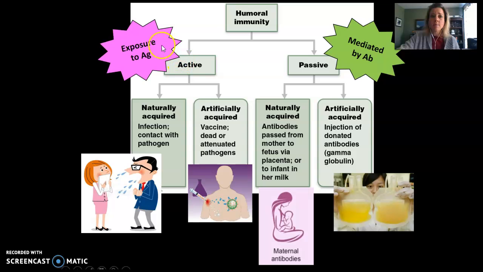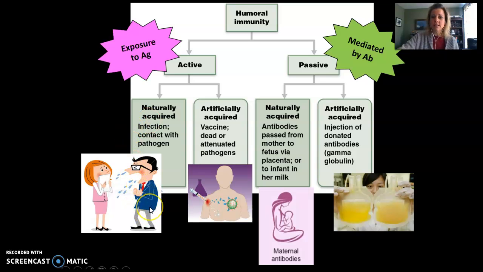If we are talking about active immunity, it means that somehow we are exposed to antigens. If we have naturally acquired active immunity, we are exposed to antigens in the normal way, I suppose. So check it out.